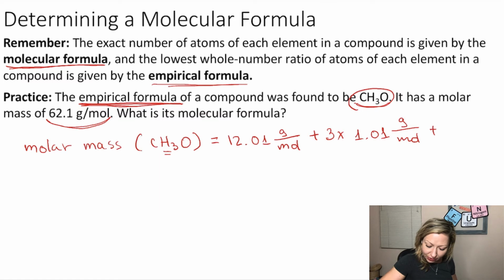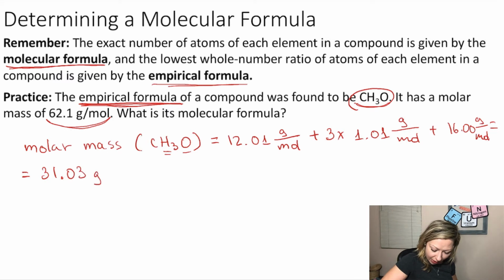And then add to that the mass of an oxygen atom, which is 16.00 grams per mole. Okay, if you do this calculation, you are going to get 31.03 grams per mole. Remember that this is the molar mass of our empirical formula.